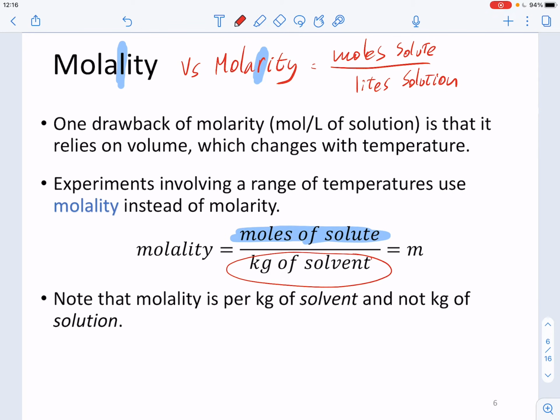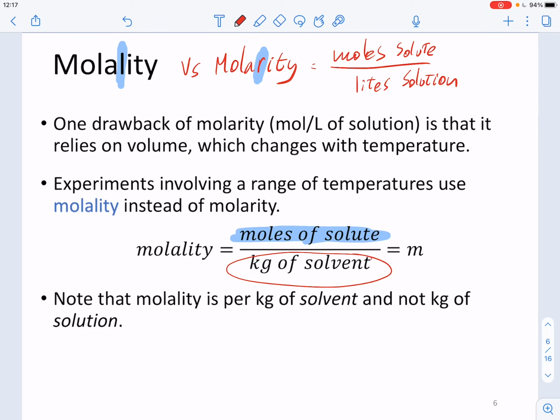And why do we use molality? Well, one of the problems that we have with molarity is that it's temperature dependent. Why is it temperature dependent? Because volume of matter depends on the temperature. So if you increase the temperature, usually the volume will increase, the matter will expand, and therefore if you change the volume, you change the molarity. When you want to work with something that has a more constant value of concentration, then you go to molality, because you have number of moles.